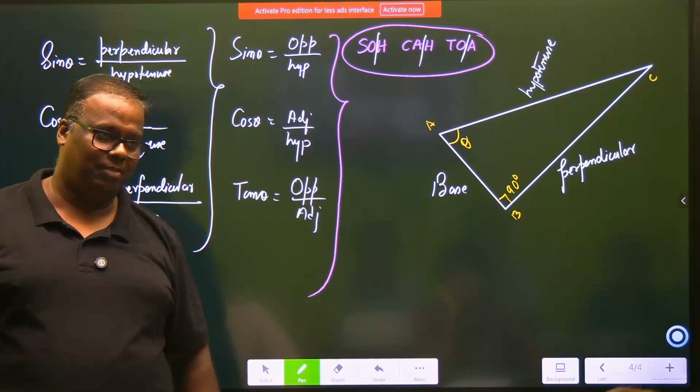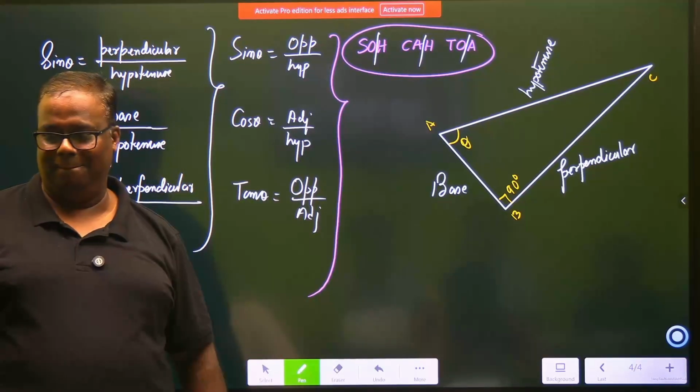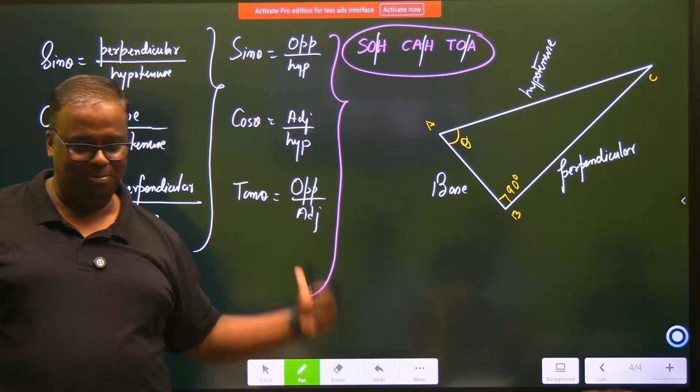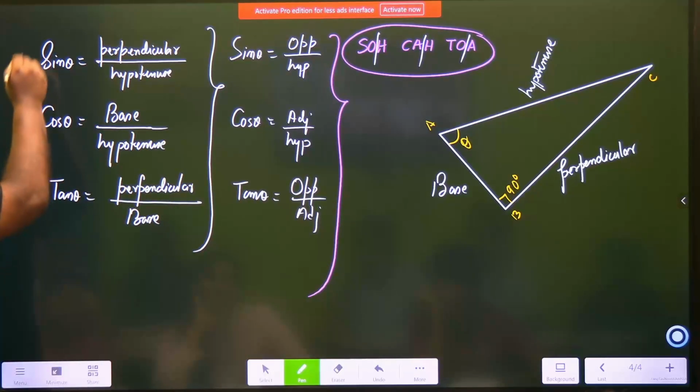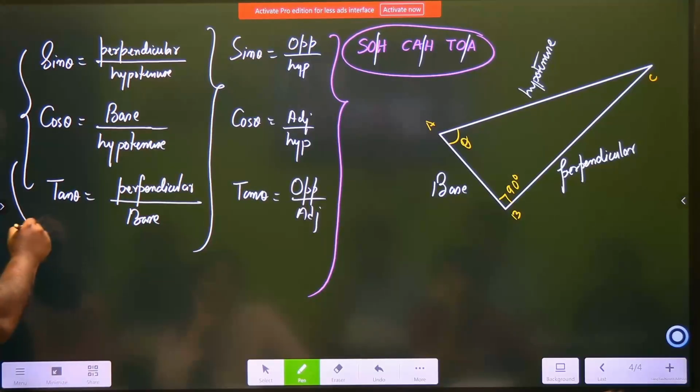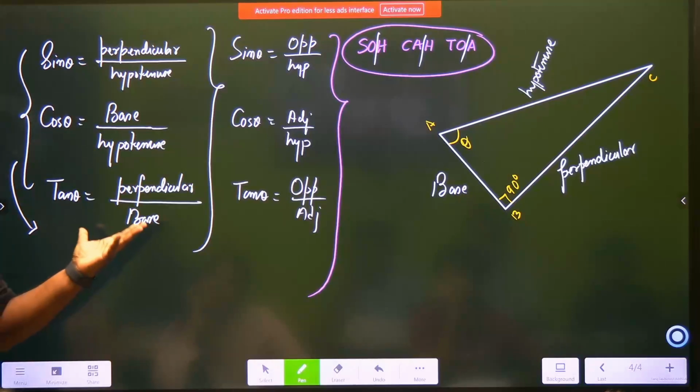Anyone remembers this one? I had taught this one also. For this one, when my late dad used to teach me mathematics, in those days, this was like a rhyme.